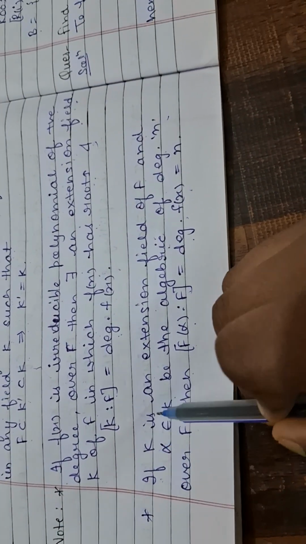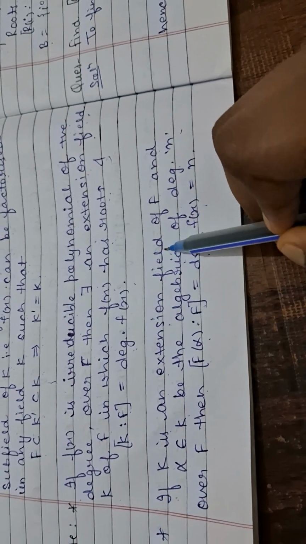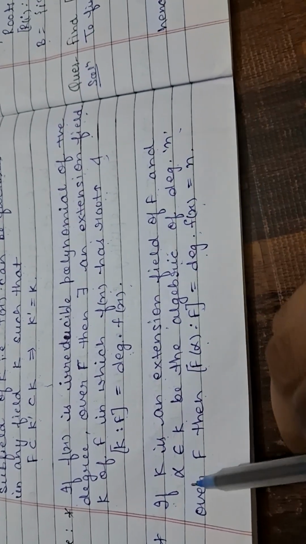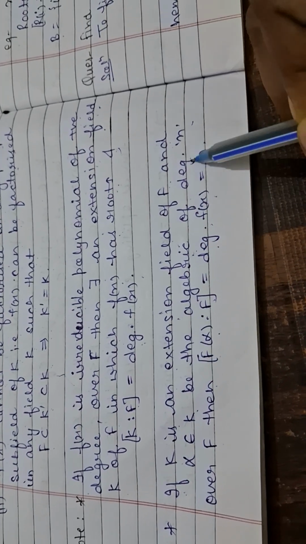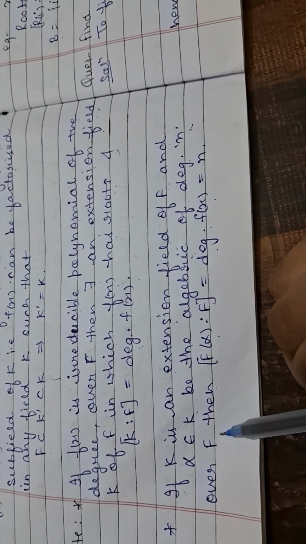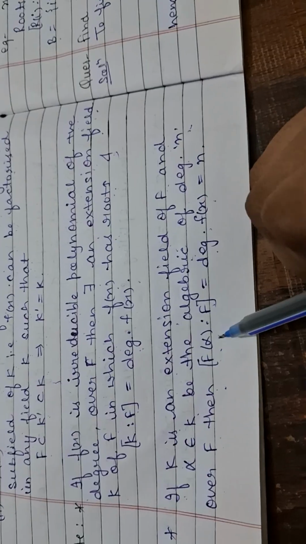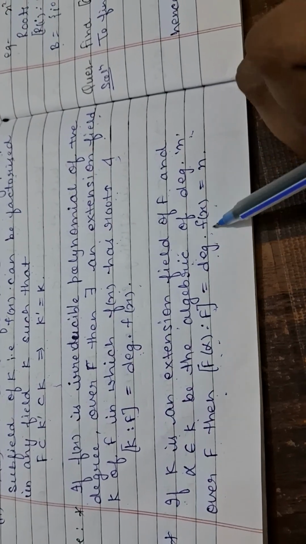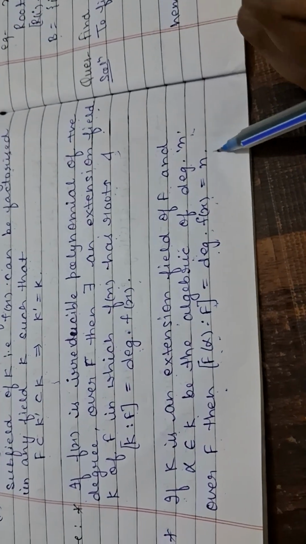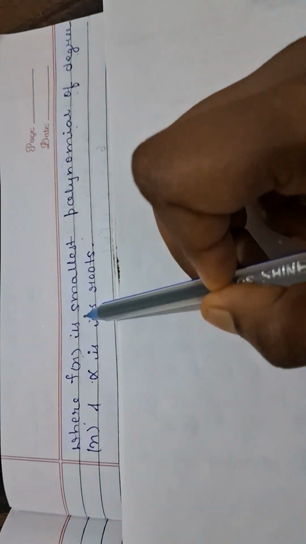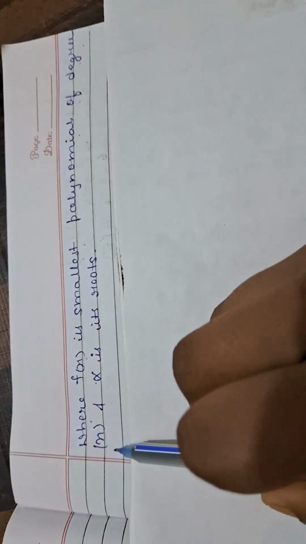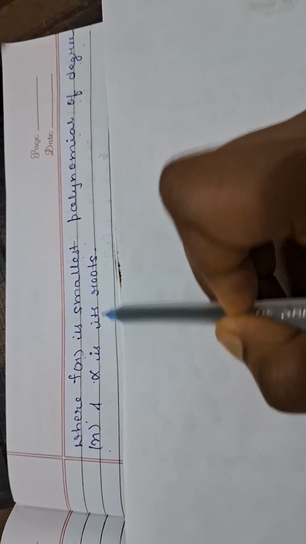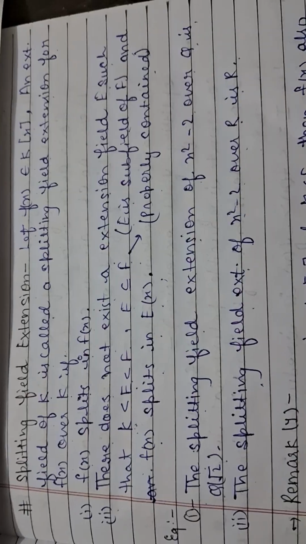If K is an extension field of F and alpha belongs to K is algebraic of degree n over F, then [F(alpha):F] is equal to the degree of f(x), that is equal to n, where f(x) is the smallest polynomial of degree n and alpha is its root.